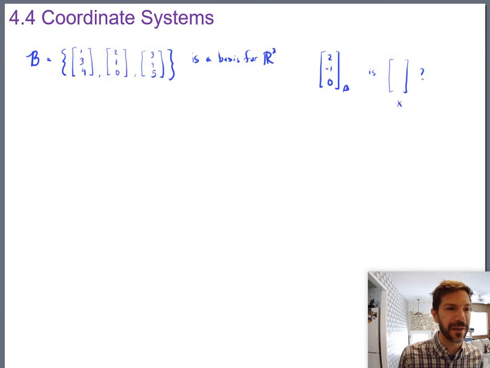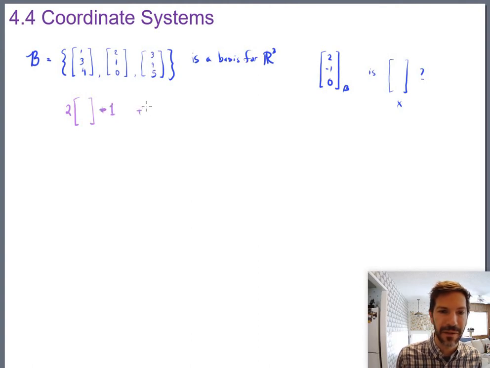And of course that's not difficult. We've already looked at how to do that in the previous video. You're just taking 2 of the first one, -1 of the second one, plus 0 of the third one.